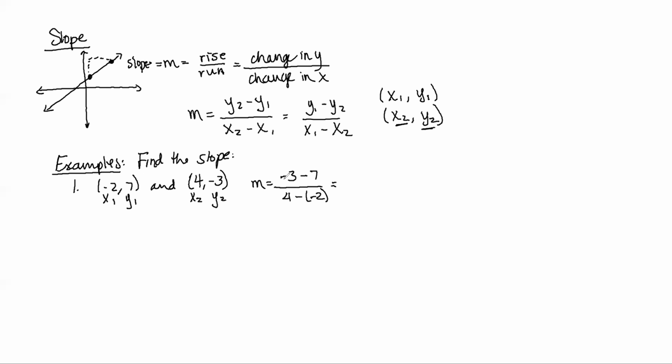And now -3 minus 7 is -10 over 4 minus a -2. We can add the opposite, and we have 4 plus 2, which is 6. Now you want to make sure you reduce this down and leave it as an improper fraction. So I'll divide both of these by 2, and we get -5 over 3.